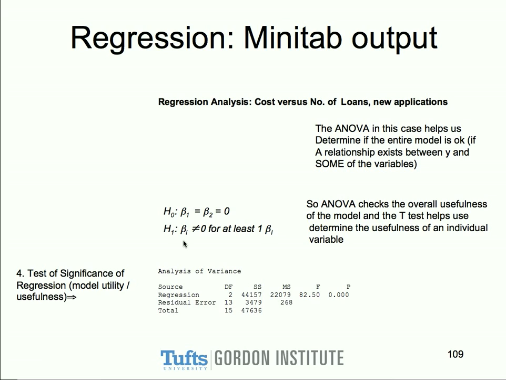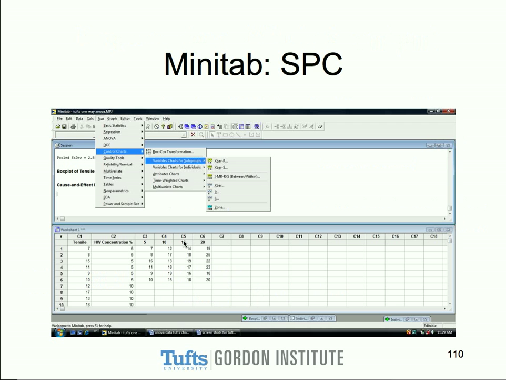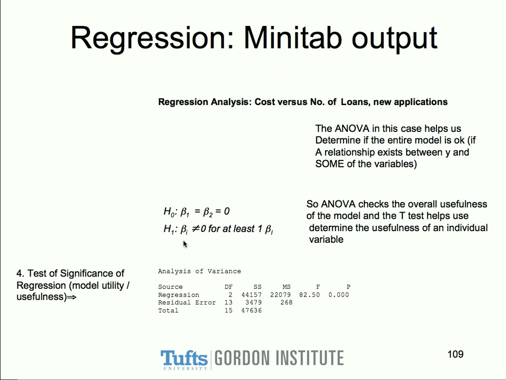And we use a t-test there for the individual regression coefficients. This is for the model itself, and then the t-value is for each individual coefficient. And that is how you use Minitab for a simple regression.